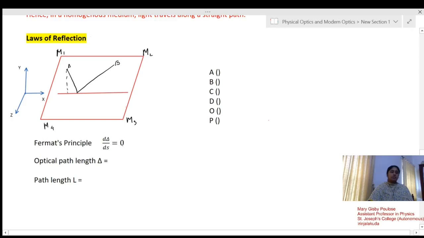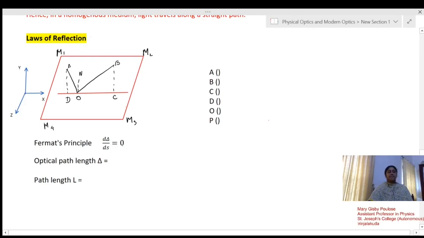Let this normal meet here. Let this normal meet here. Let this point be C. Let this point be D. And let light be reflected upon the point O.